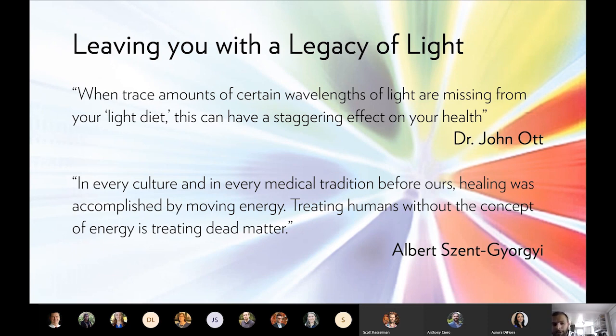"In every culture and in every medical tradition before ours, healing was accomplished by moving energy. Treating humans without the concept of energy is treating dead matter." Albert Szent-Györgyi again, the 1937 Nobel Prize in Medicine.